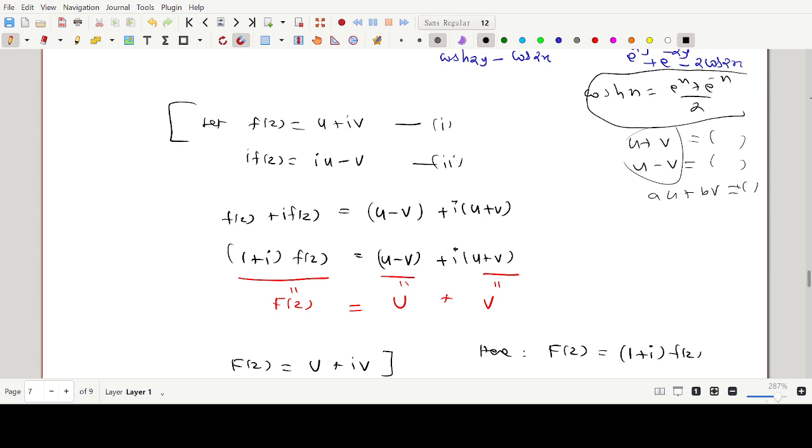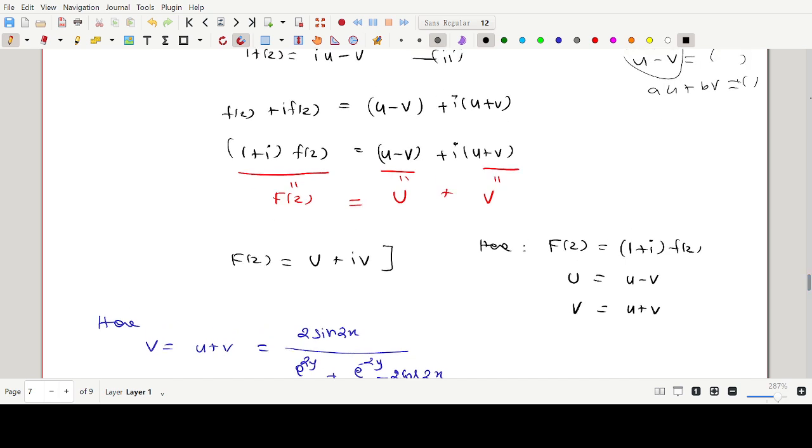Adding these two equations we get one new function, capital F of z is equal to capital U plus i capital V. Here this one is capital U, this is capital V, and I am getting one new constructed function, capital F of z is equal to U plus iV.